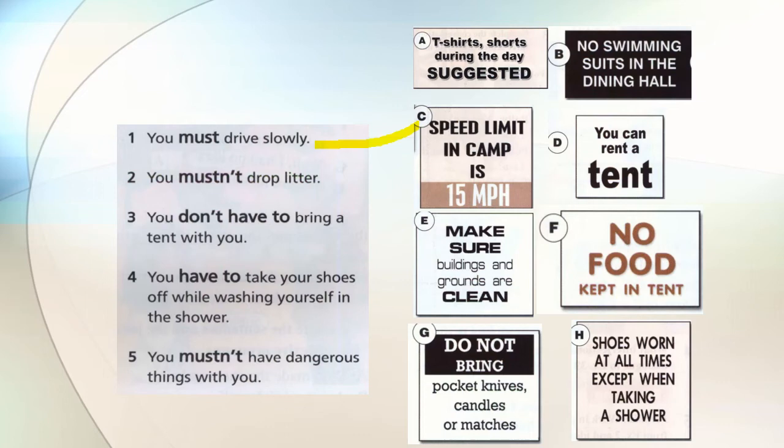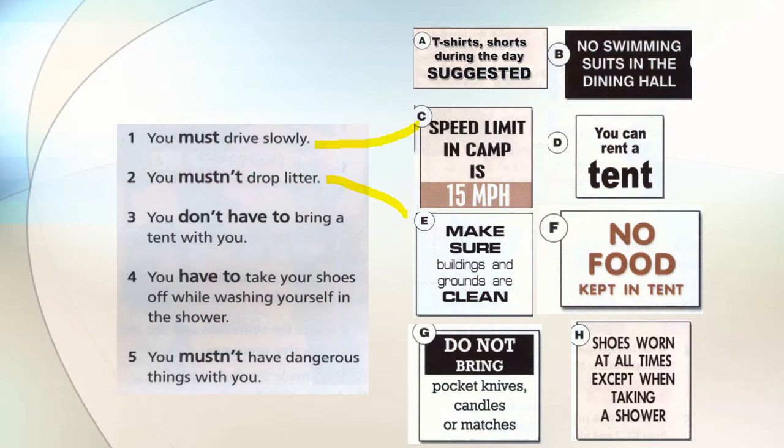The second sentence, you mustn't drop litter. Drop litter means выбрасывать мусор. То есть вам запрещено выбрасывать мусор. Which notice can we match to this sentence? It's E. Make sure buildings and grounds are clean.